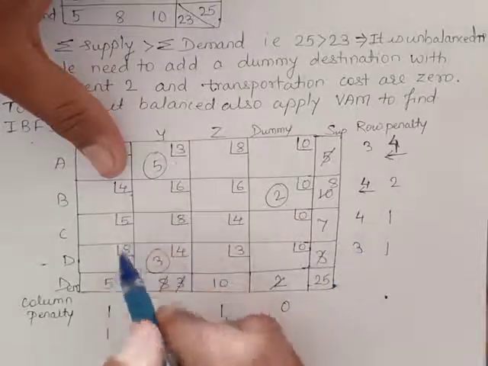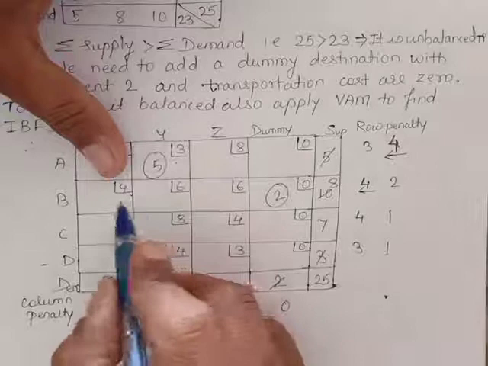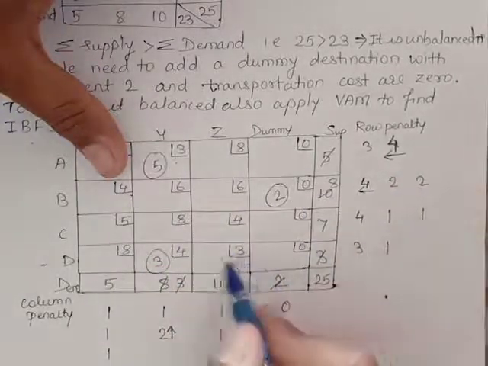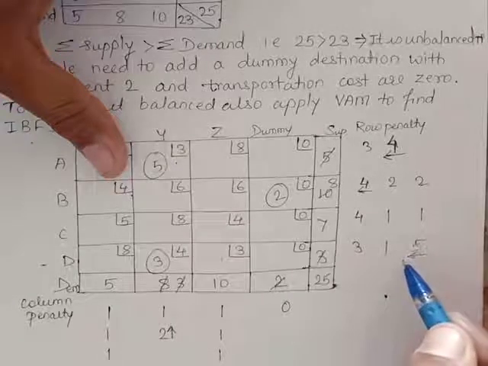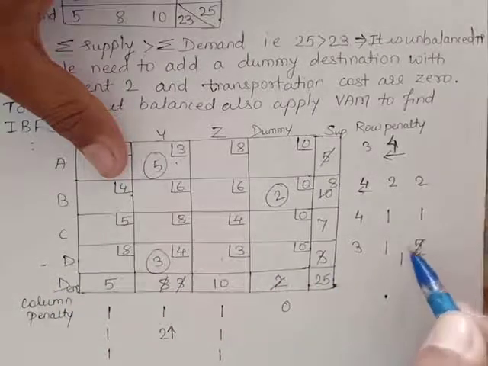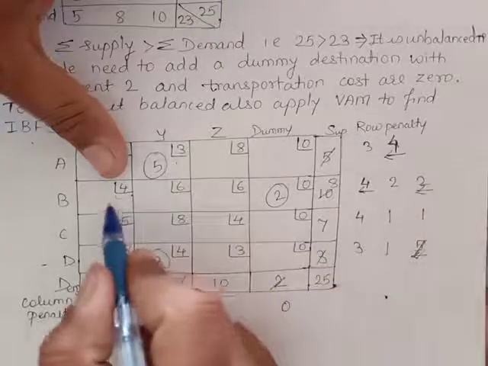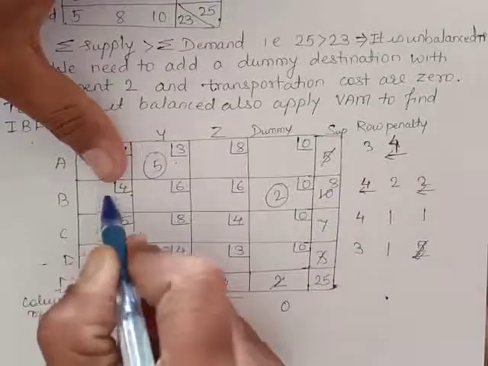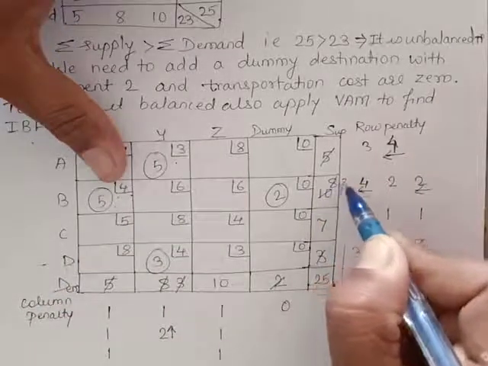So out of these 2 columns the column penalty is 1, again here the column penalty is 1. What about the row penalty? Here it is 2, here it is 1 and here it will be 5. So our next allocation is here, but this row is satisfied, so this penalty is no need to determine. So our allocation will be in this row. So here 4 is the minimum cost, so minimum of 5 and 8 will be 5. So our allocation is here. How much left here? 3 are left again.